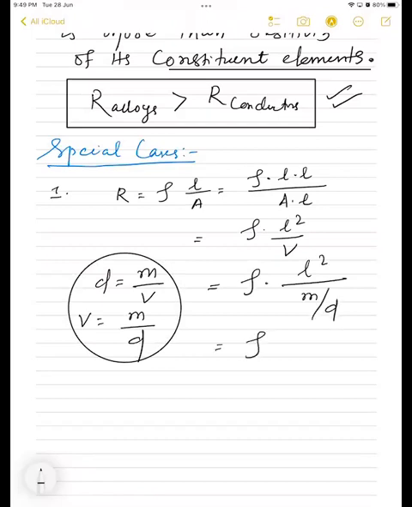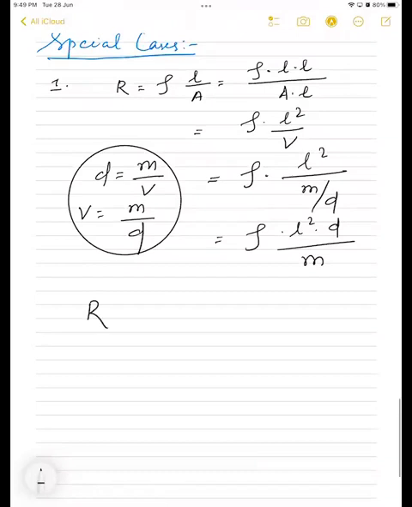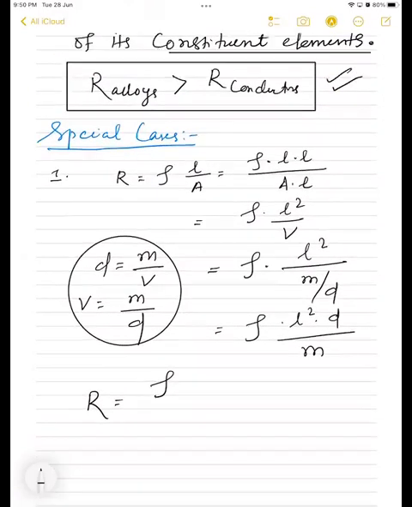So it is going to be rho into L square into D by M. Are you getting it, students? So resistance is equal to resistivity, actually this is volume. Volume is equal to mass by density, so we wrote mass by density. Density is equal to mass by volume, so volume is equal to mass by density. You put your mass by density, right?